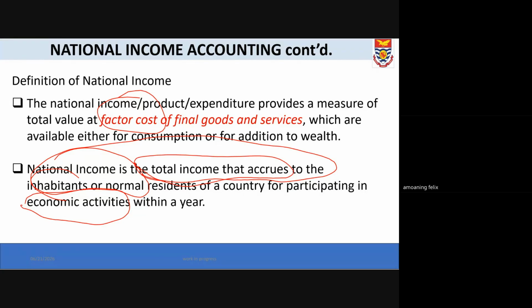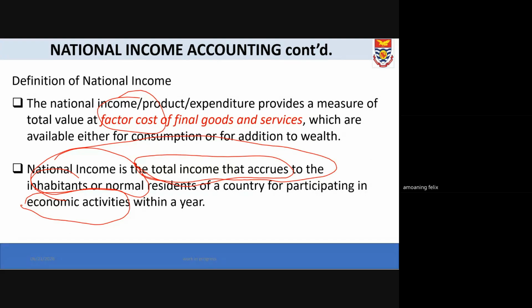And these residents get the income by participating in economic activities within a certain year. So the focus here is you getting an income. We are trying to calculate the total income that went to the inhabitants, or the indigenes, or the normal people living in a certain country for participating in an economic activity.